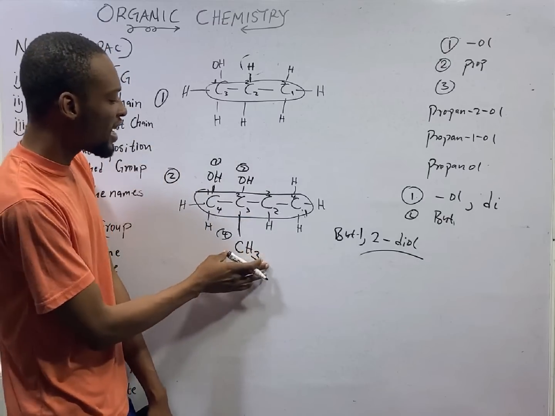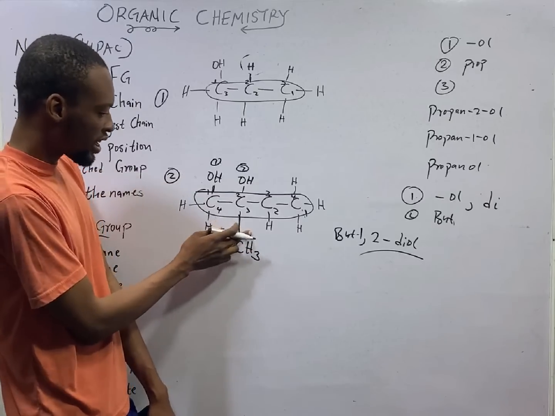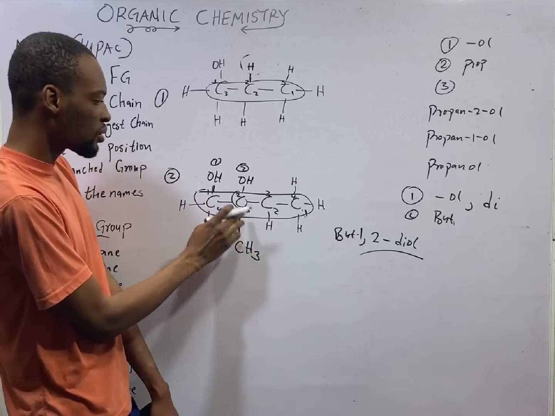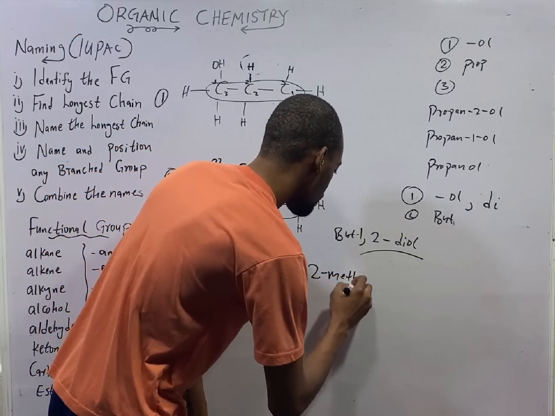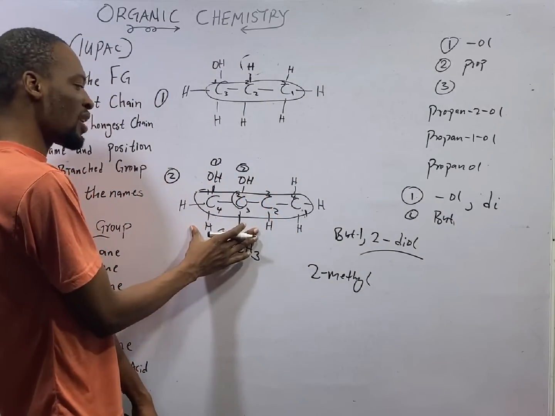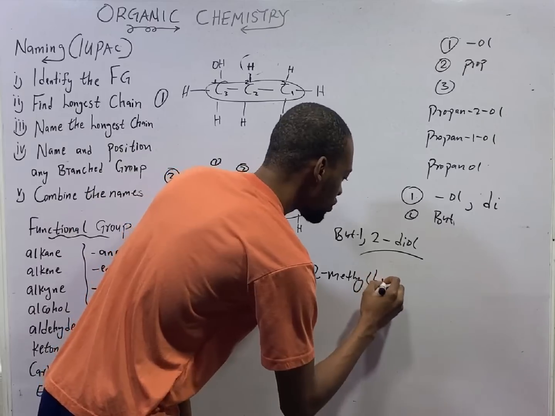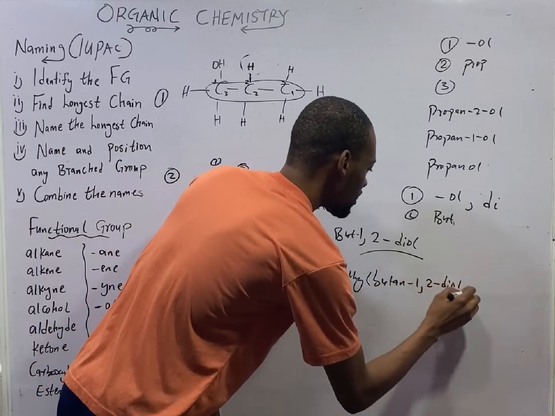But here, there is the presence of a branch, and this branch is on the second carbon using our numbering. So that is simply 2-methyl. If this were the compound we are naming, it will be 2-methylbutan-1,2-diol.